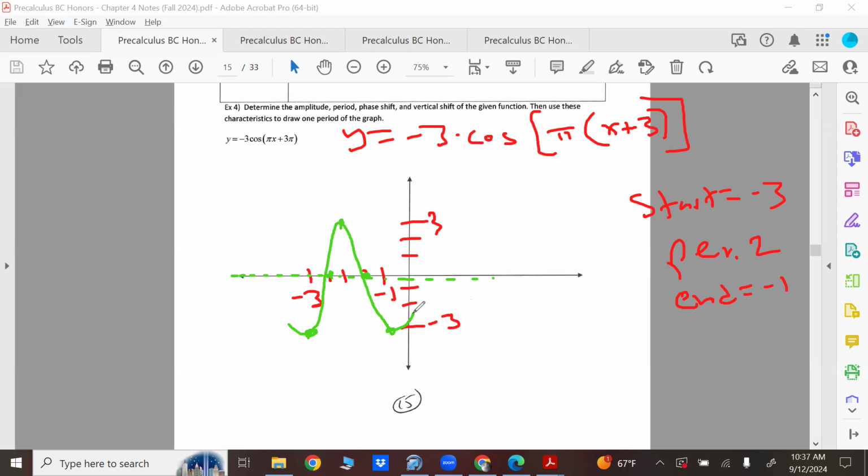My apologies. That's 0. That makes sense. But putting in -2, I get cosine of pi is -1. But -3 times -1 is +3. Amplitude's easy. 3. Period's easy. That's 2. Phase shift is -3. Vertical shift is 0. Right? All's good? All right.